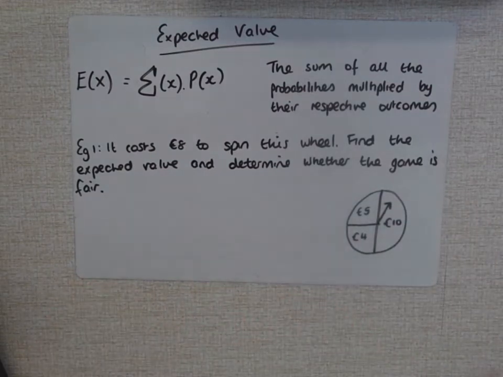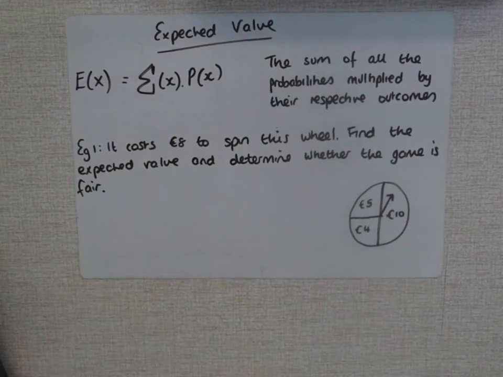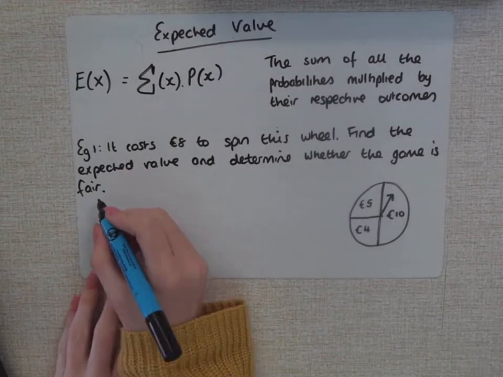Okay, so let's do an example. It costs €8 to spin this wheel. Find the expected value and determine whether the game is fair. So normally what we do is we do out a table for ourselves.